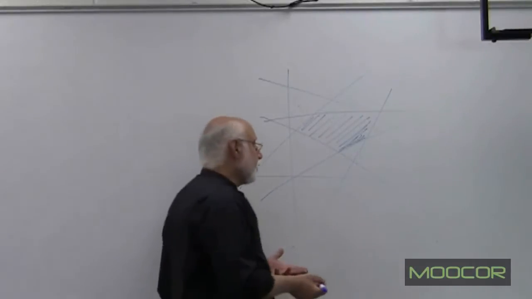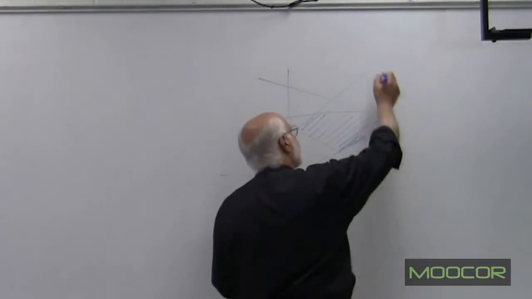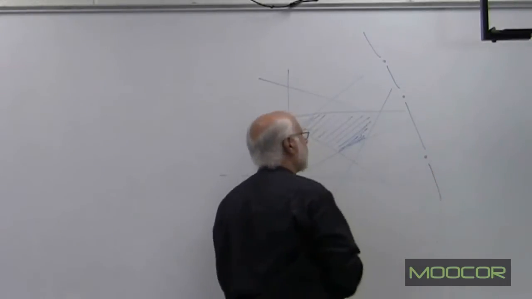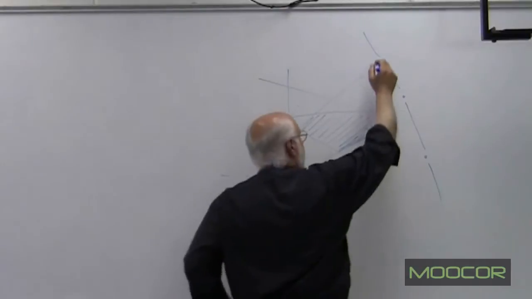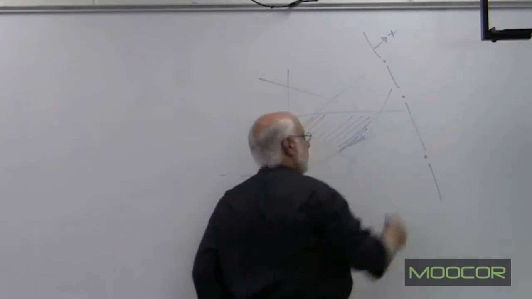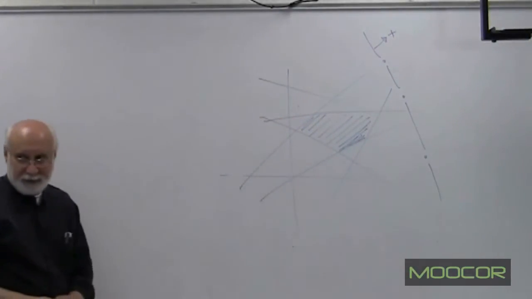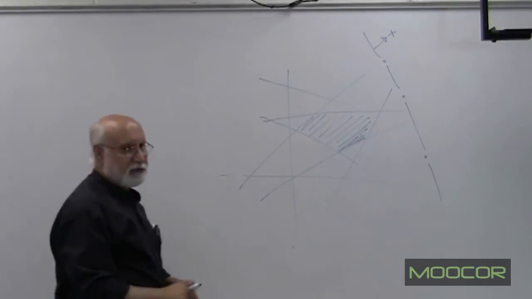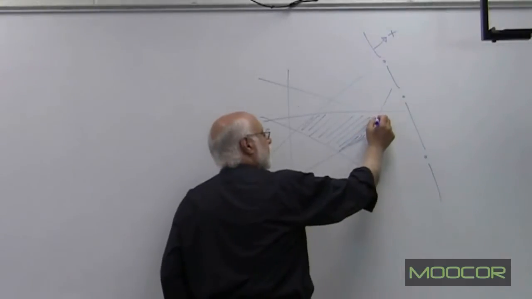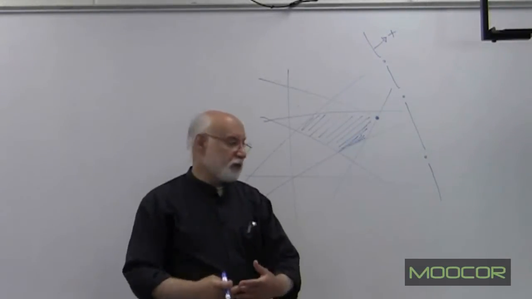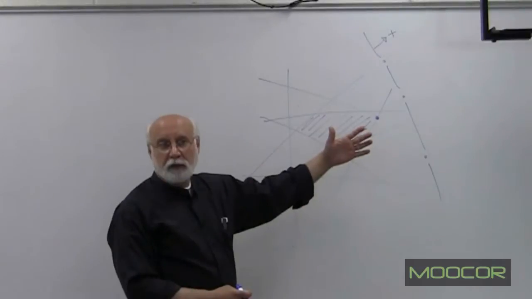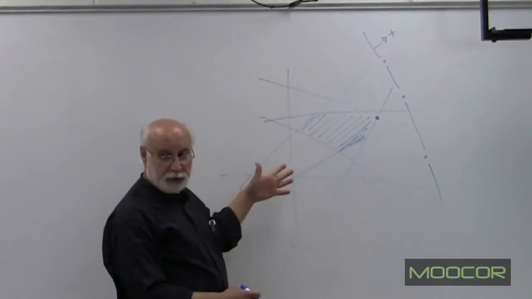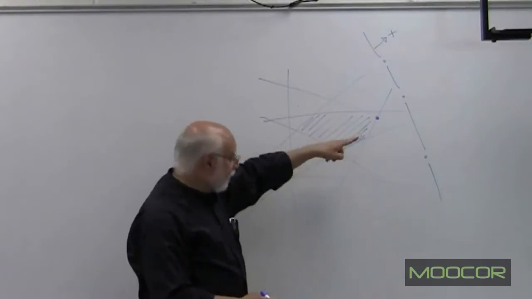And this is your Z, and the direction of it increases in that direction. So the maximum of this problem is going to be, what big M does is that it will try to maximize. So it is going to go toward this point.